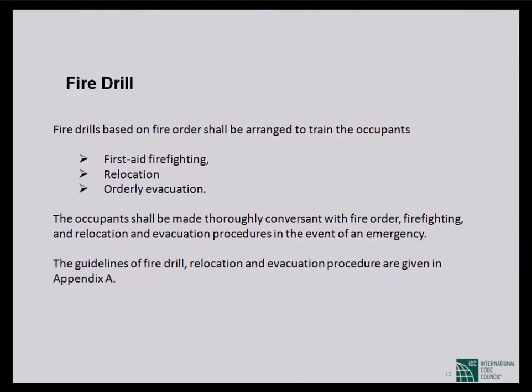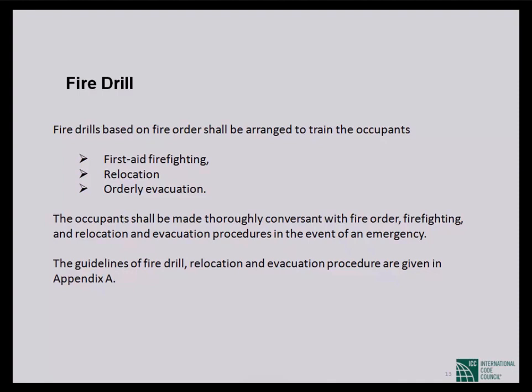Fire drill is a part of this. This is more definitely in the appendix, so here I will not say it very elaborately. When I talk about the appendix, I will give some elaborate idea about the fire drill. Here I am just giving some points. It is first aid firefighting. It deals with first aid firefighting.